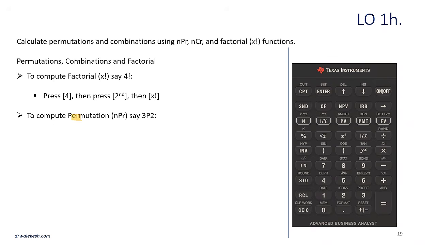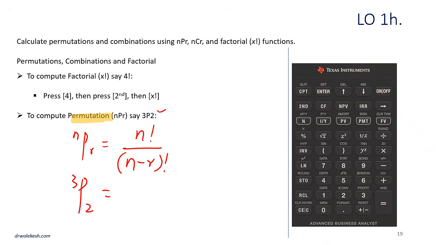Moving on to permutation. The formula for permutation is n factorial all over n minus r factorial. Here we are interested in 3 permutation 2.